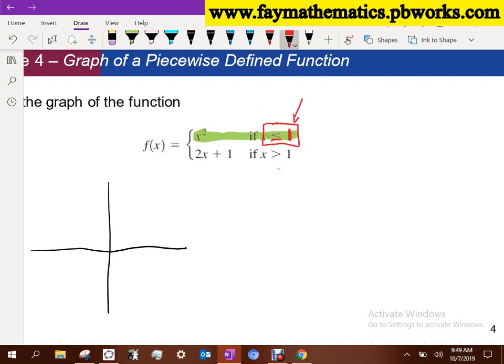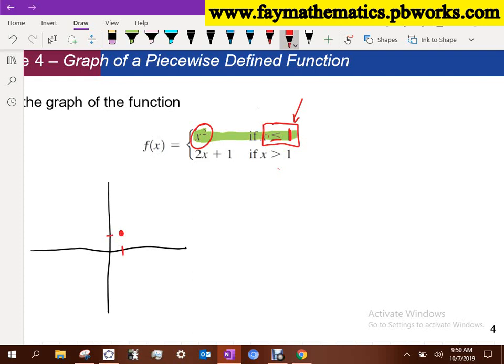Whatever these endpoints are in our domains, you have to use those in your rule. So what I mean by using, I'm going to take that as an input value, and I'm going to evaluate. So if I plug in x to be 1, what do I get with that rule? If x is 1, I get 1 back, right? Now, because that is less than or equal to, I'm going to close that dot in.